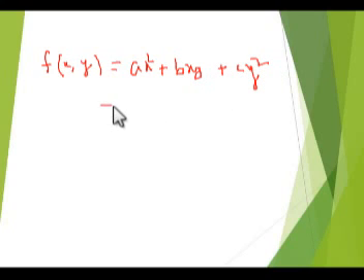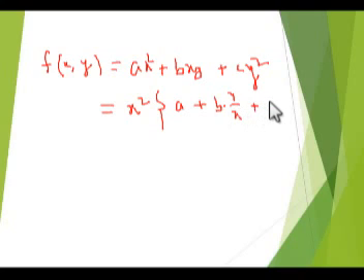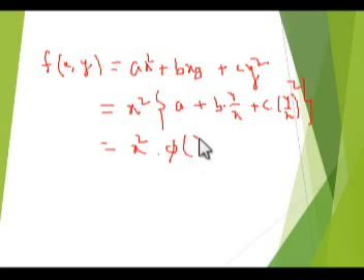Taking x square common, we can express it as x square times a plus b into y by x plus c into y by x whole square. So it is x square times a function of y by x. Here the degree is 2, so this is a function of degree 2.